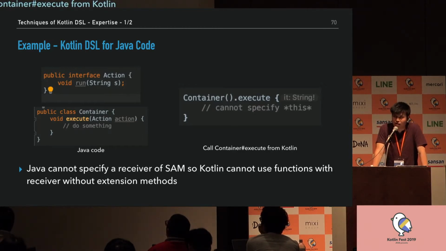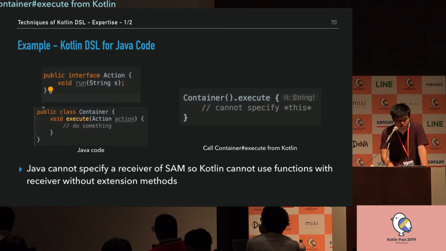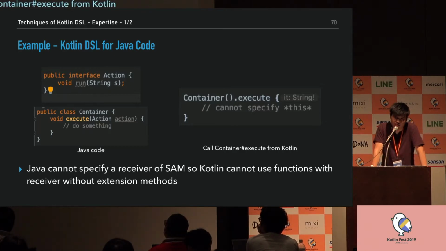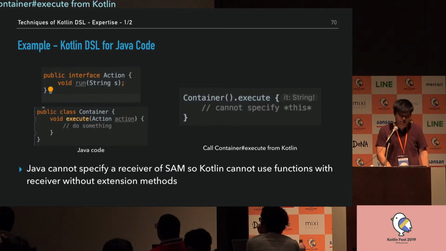If we define an extension method which accepts a function with receiver, then receiver control will be achieved. However, it's terrible if we define many extension methods for every target. SAM with receiver is a solution to this issue. Let's see how to use it.